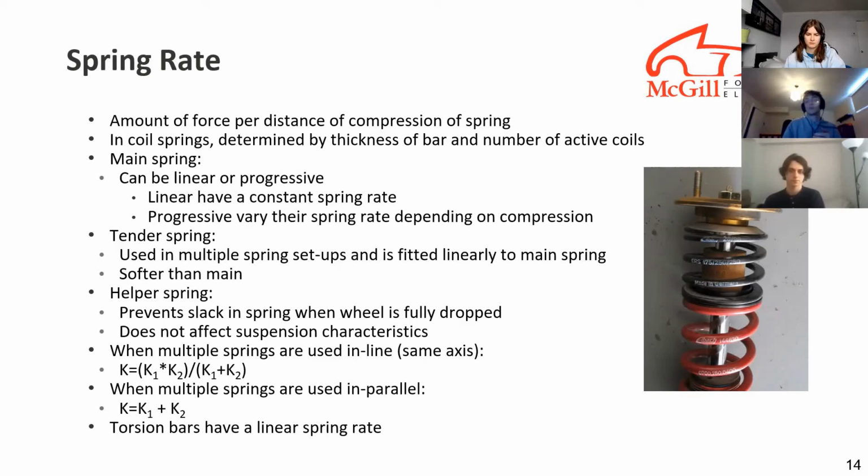This is a perfect example here on the right of a main spring with a tender spring to make it a bit softer in the beginning. We can also have a helper spring, but this does not affect the way the spring rate will evolve during a corner.